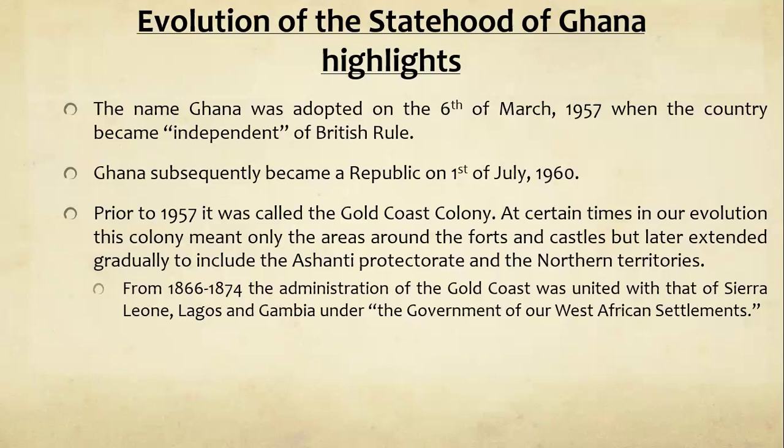Another historical point worth noting is that from 1866 to 1874, the administration of the Gold Coast was united with that of Sierra Leone, Lagos, and Gambia under a government known as the government of the West African Settlements.